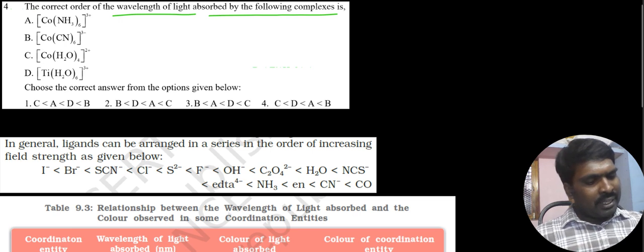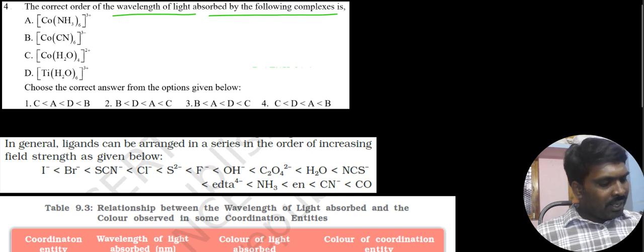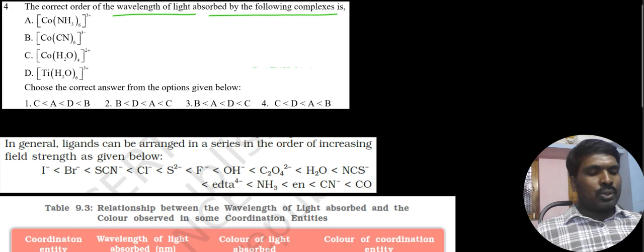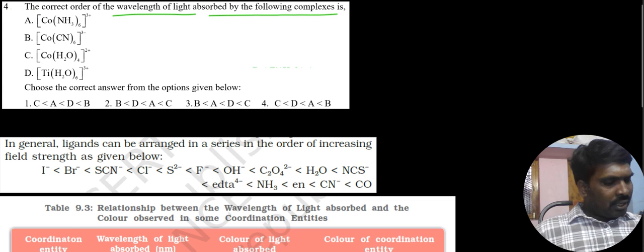So the ligand field strength order is provided in the NCERT textbook. Option A has ammonia, option B cyanide, options C and D water molecules. So in compounds A, B, C, D, ammonia, cyanide and water ligands are provided. Now observe the ligand field strength order: cyanide is a very strong field ligand, after that ammonia, and after that water.